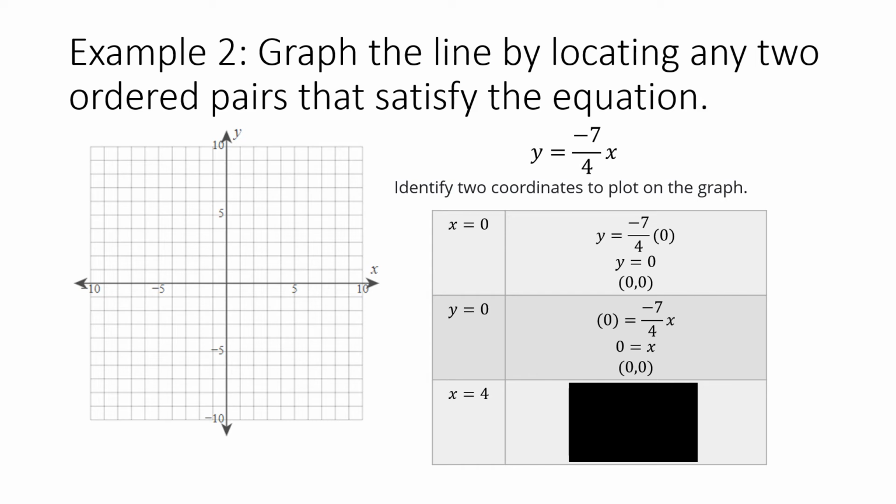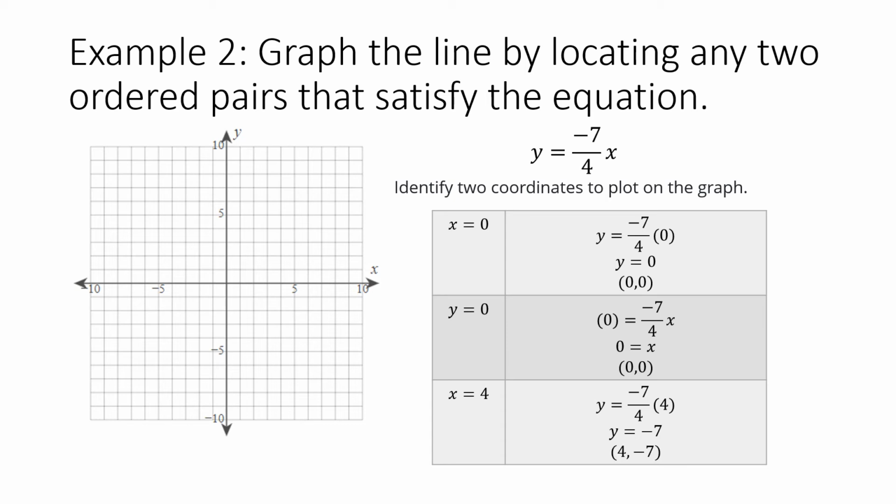Once again, you can choose any value you want, for either x or y, and then solve for the other value. Simplifying will give me y equal to negative 7. So the point that I'm going to be plotting is 4, negative 7, and then also your 0, 0.